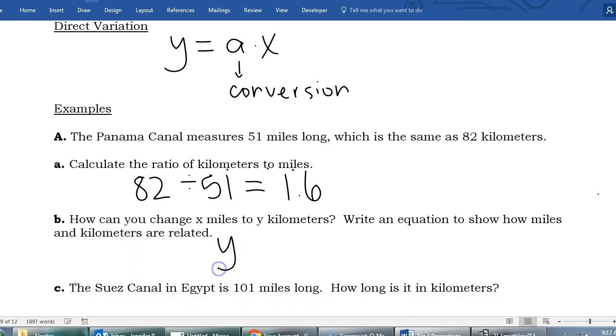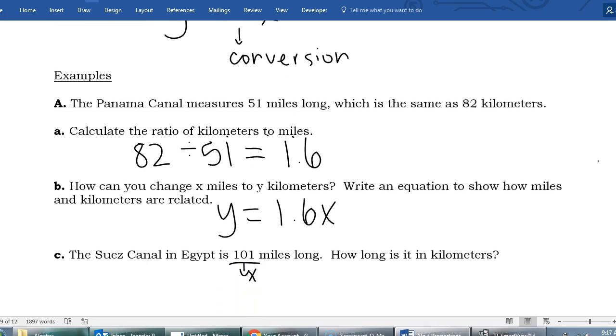So y, being our kilometers, equals 1.6x. So now if I want to figure out how long the Suez Canal is, given that I know it's 101 miles, how many kilometers is it? I can take this value for 101 and substitute it into the x of that equation.